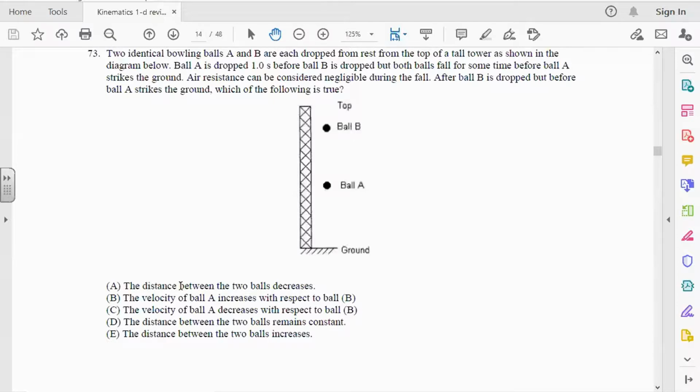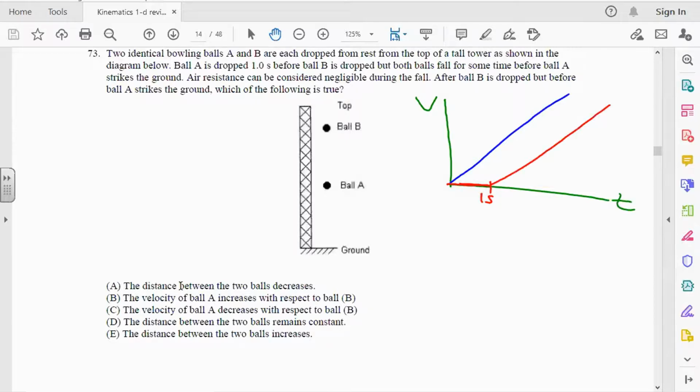So the best way to look at this is think about a velocity time graph. So we have a velocity versus time graph, and A is dropped, so it's going to speed up. B is stationary for 1 second, and then is dropped.